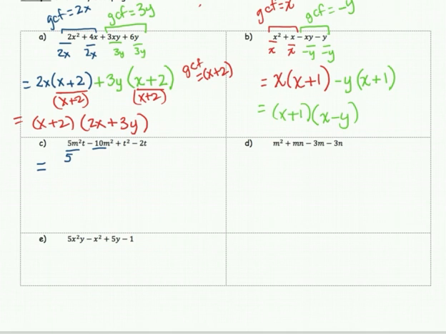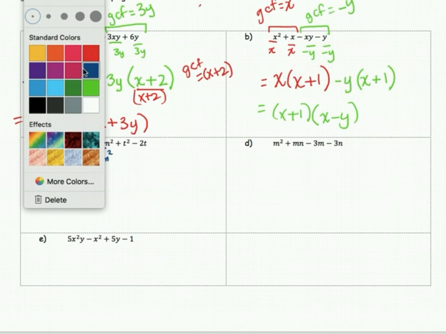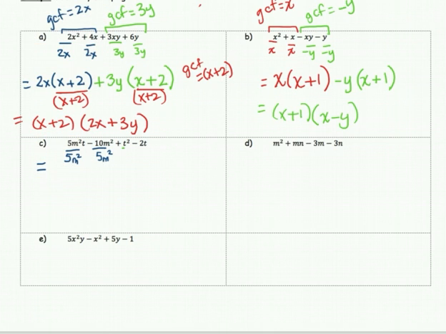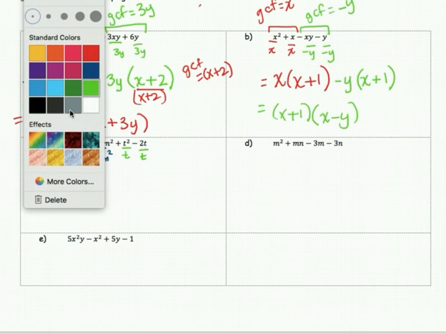5, they both have an m squared. They both don't have a t, so 5m squared. And this one here, 1 and 2, so 1's the greatest common factor for the number, but they do have a t they can both divide away. Okay, and let's write this out.